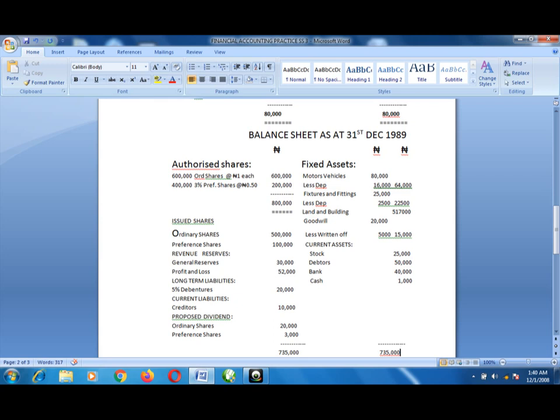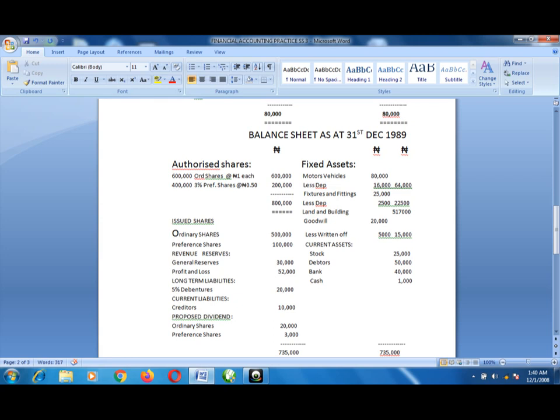Now the final one, immediately after the current asset, we have another asset. We call it preliminary expenses. The preliminary expenses is an example of a fictitious asset.